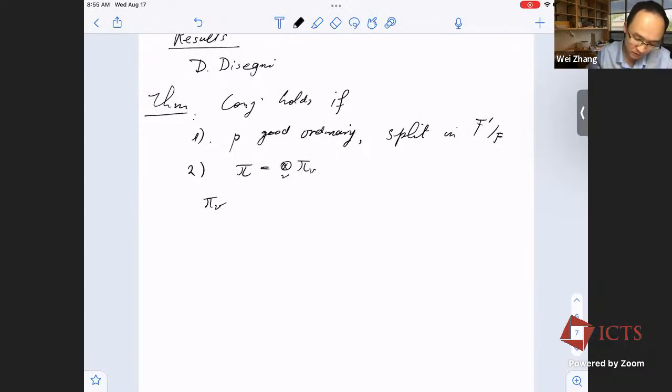For the remaining finitely many places, pi_v should be of maximal parahoric level, at all inert places.